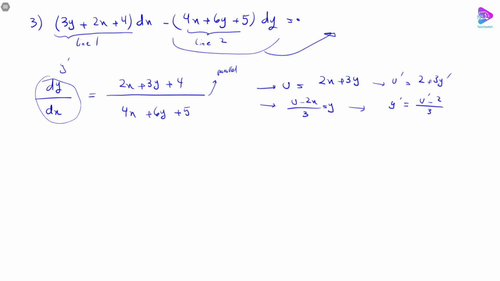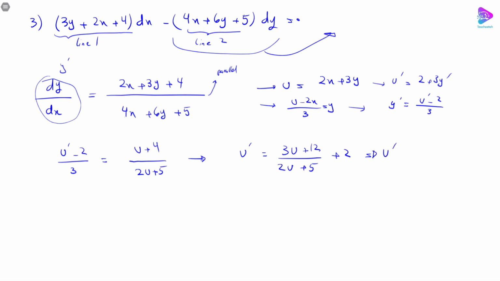So if I replace this, I'm going to have u prime minus 2 over 3 is equal to u plus 4 over 2u plus 5, and therefore u prime is equal to 3u plus 12 over 2u plus 5 plus 2, which is u prime would be 7u plus 22 over 2u plus 5.